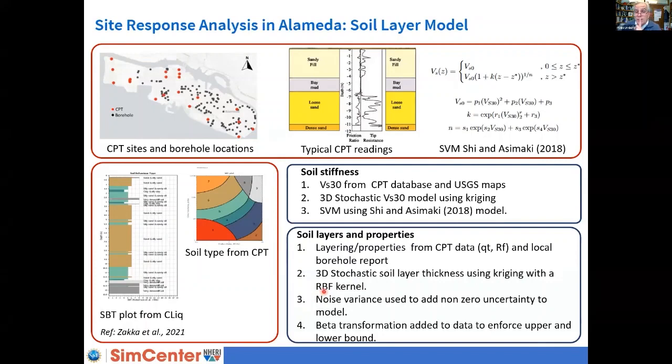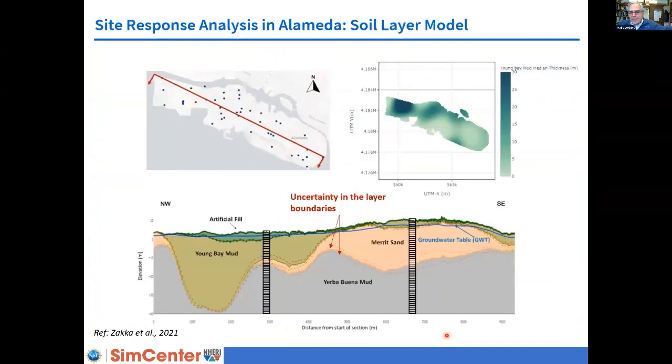One important thing is that we use the variance that we observe in order to add non-zero uncertainty to the thicknesses, or the location, of these layers. And for that, we also use a beta transformation that is added to enforce upper and lower bound limits. So that allows us to create a 3D model for Alameda Island.